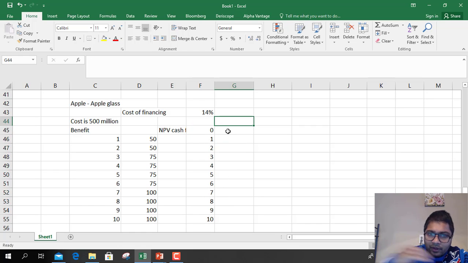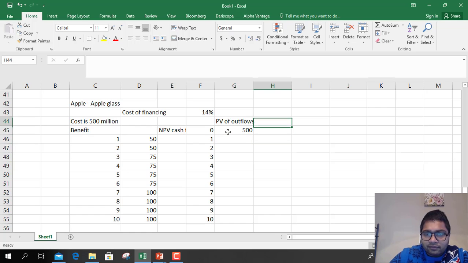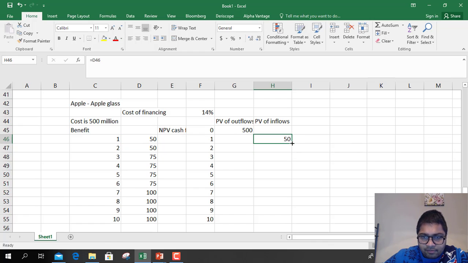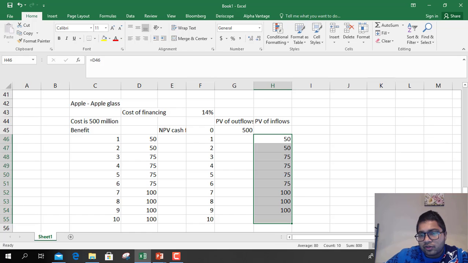Then we have outflows, that is 500 million, and then inflows, in which you know it is 50, and so on and so forth.